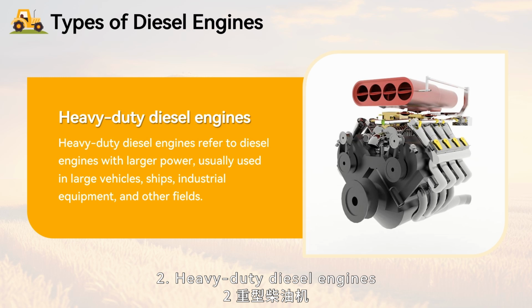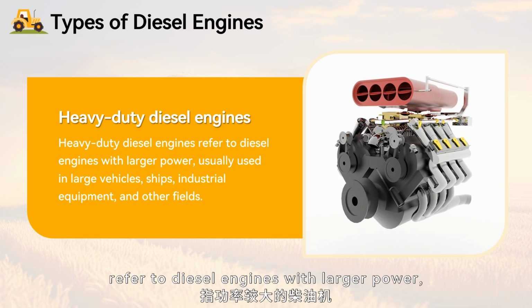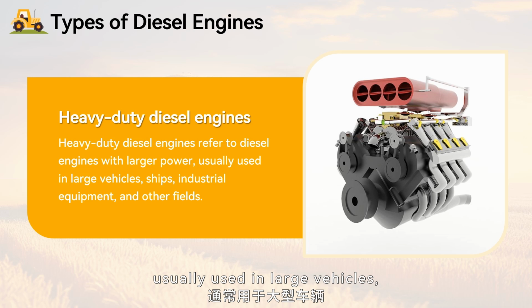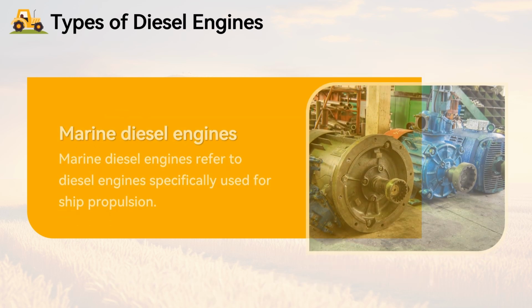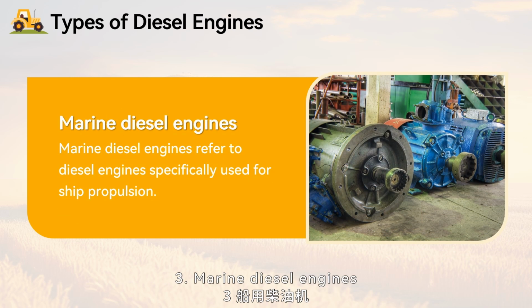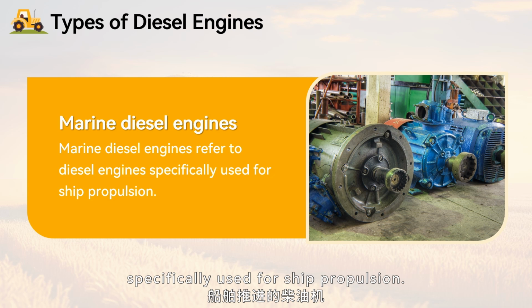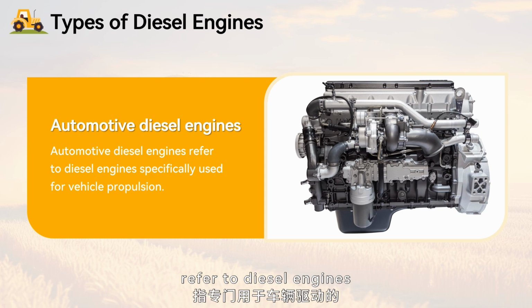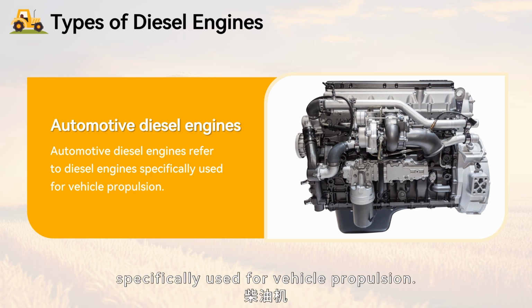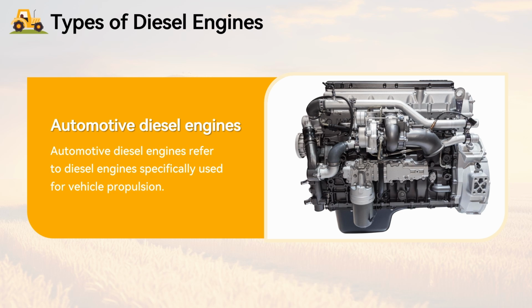Heavy-duty diesel engines refer to diesel engines with larger power, usually used in large vehicles, ships, industrial equipment, and other fields. 3. Marine diesel engines refer to diesel engines specifically used for ship propulsion. 4. Automotive diesel engines refer to diesel engines specifically used for vehicle propulsion.